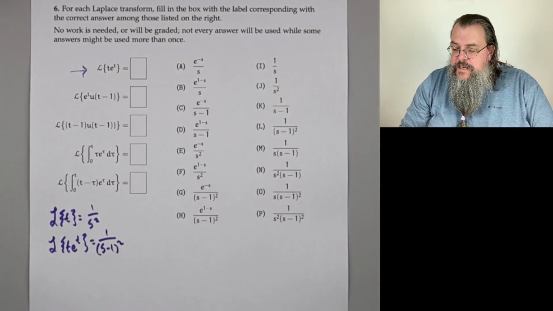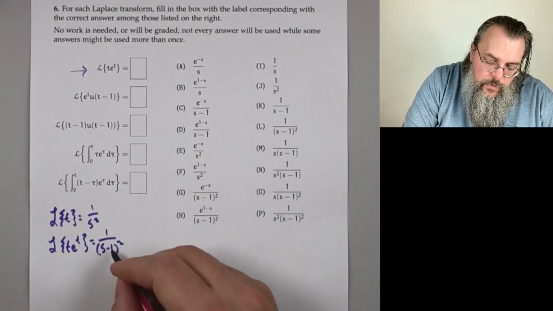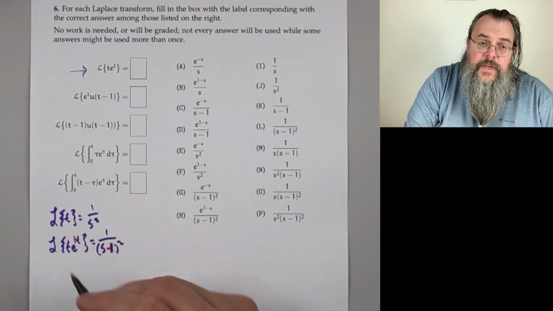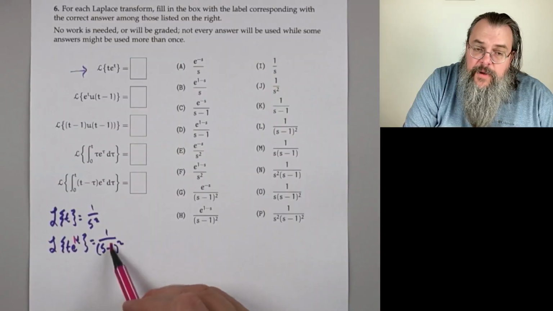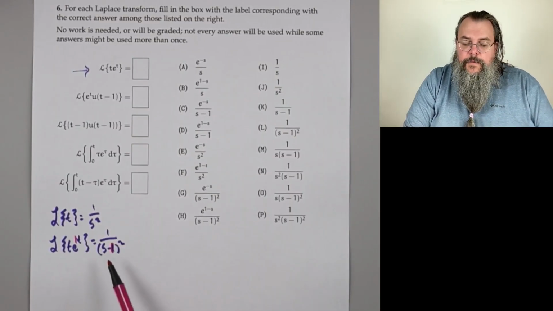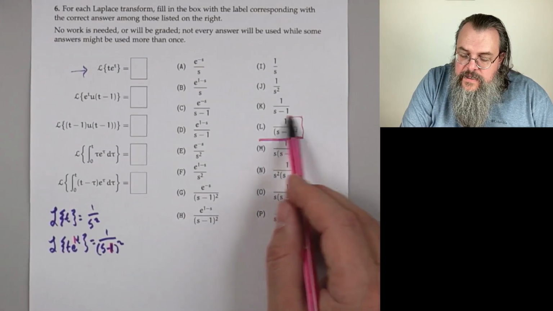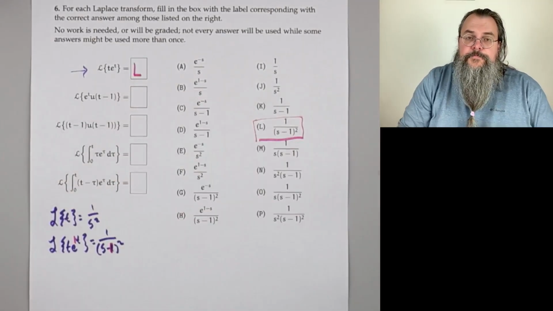To be clear, this one here is coming from this one here. So the 1 in front of that t in the exponential becomes that minus 1. So we're looking for a 1 over s minus 1 squared. Aha! There we are. So L.